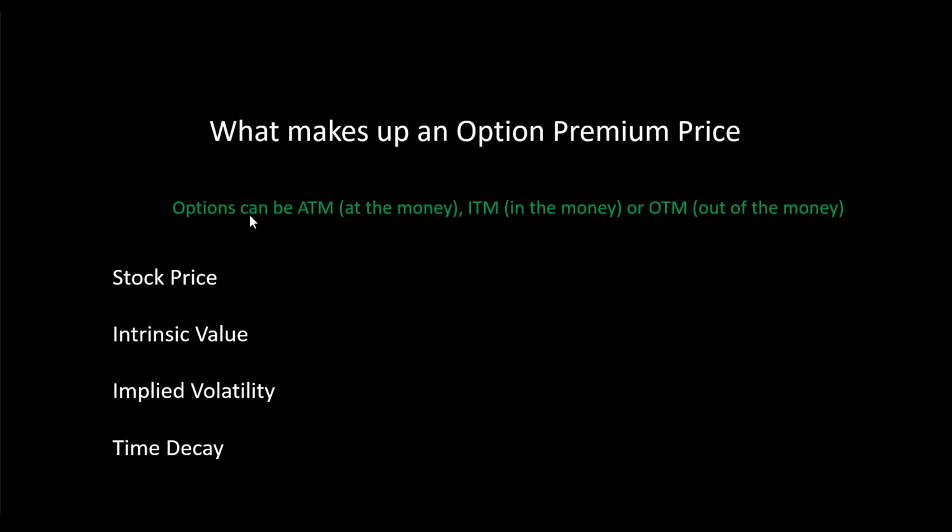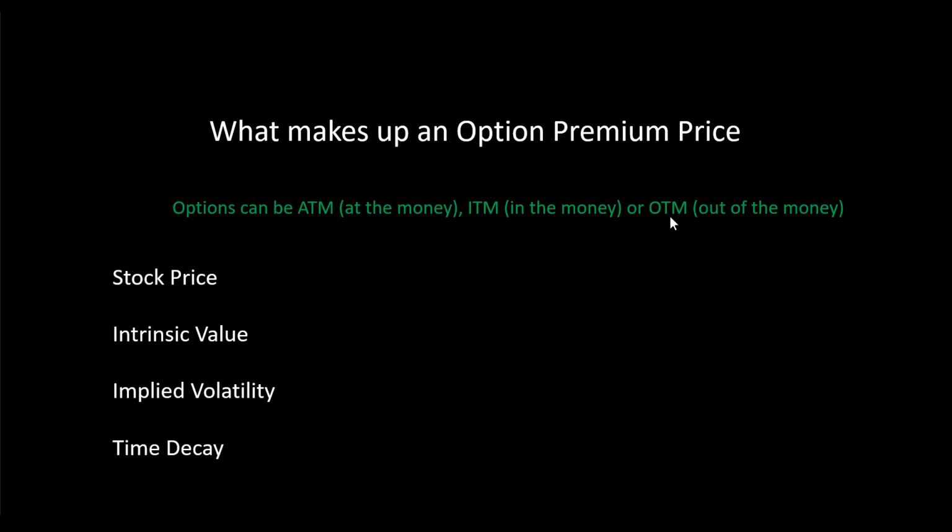So basically, options can be either at the money. If Microsoft's 100 and you buy a $100 call or a $100 put, that's an at the money option because the strike price is exactly what the stock's trading for, or close to it. You can have it in the money. If Microsoft is trading at 100 and you buy a $95 call, that's an in the money call because the stock is $5 higher than that call.